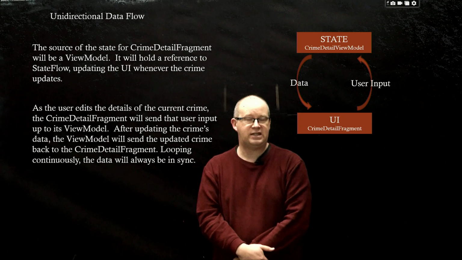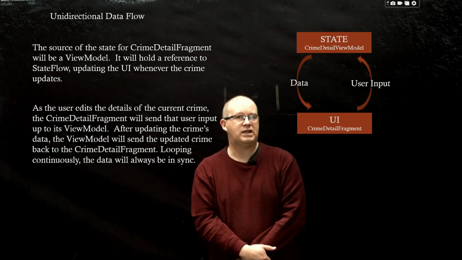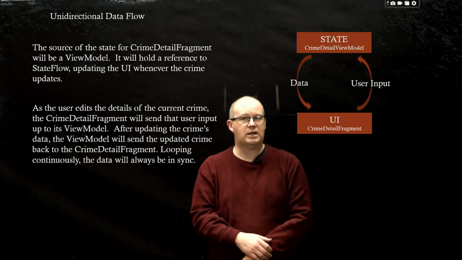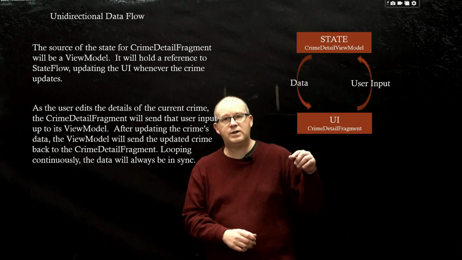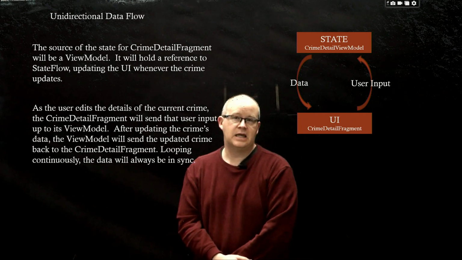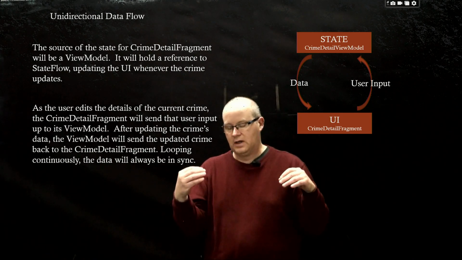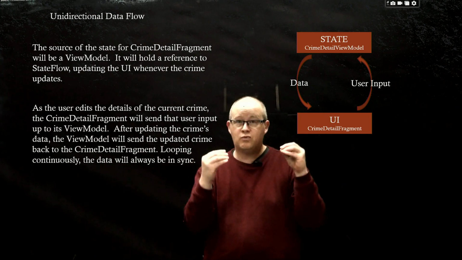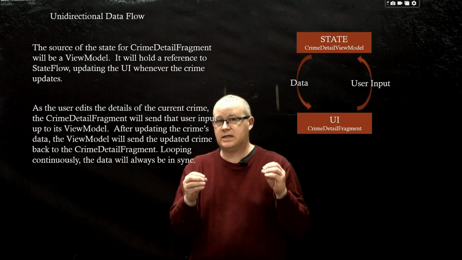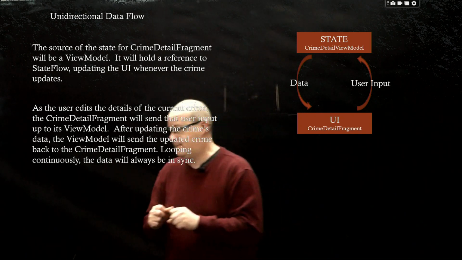After updating the crime's data, the view model is going to send the updated crime back to the crime detail fragment. This loop is going to be continuous and always be in sync. We won't ever have two different pieces of changes that are racing to see what our data is going to be.